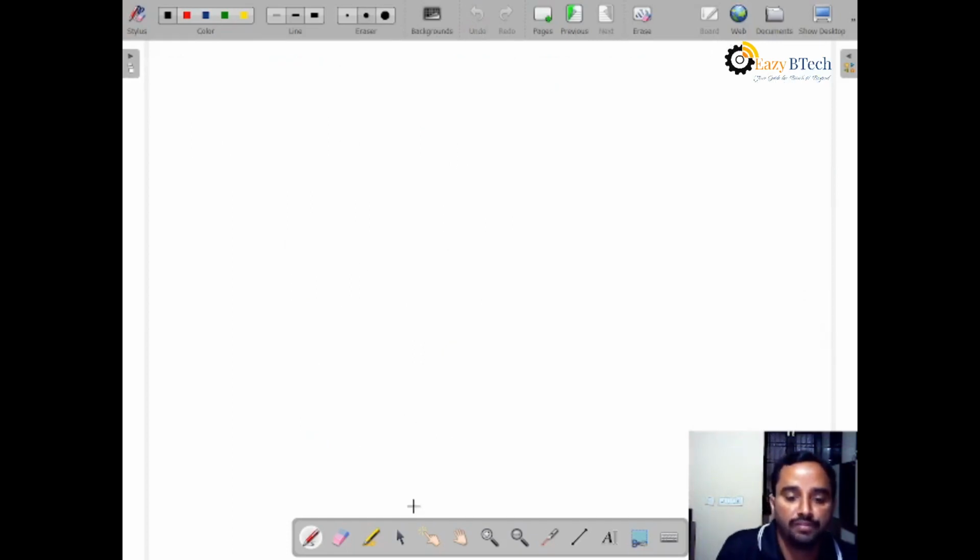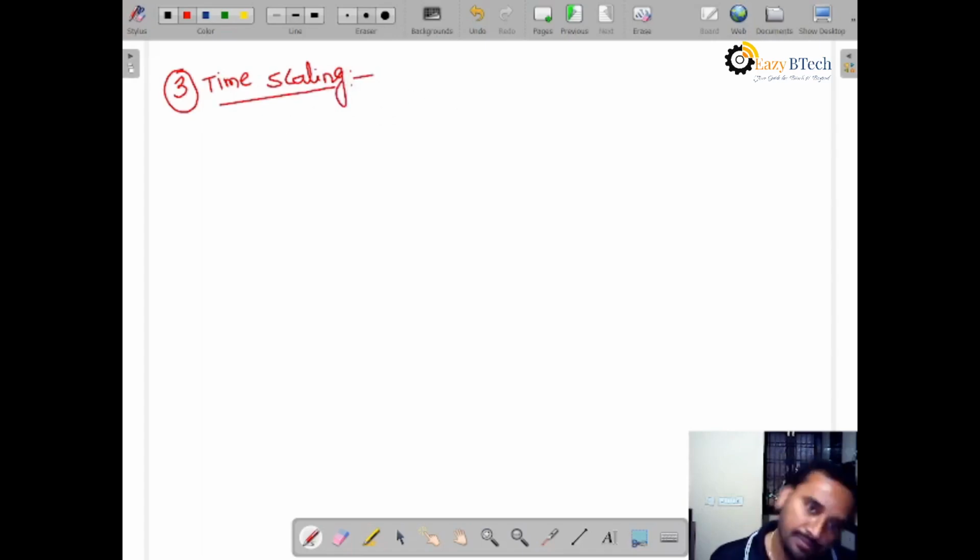And the third one, very important, is time scaling. The third property is time scaling. So first we see the definition, then we go for the proof.